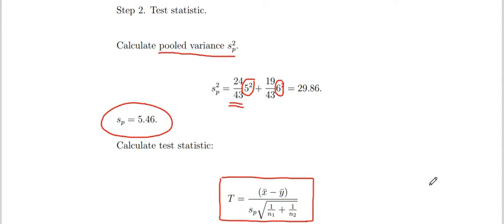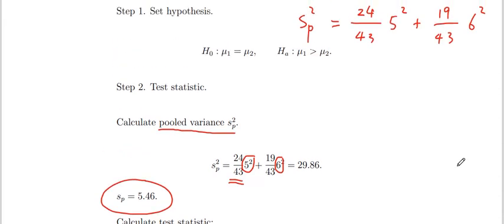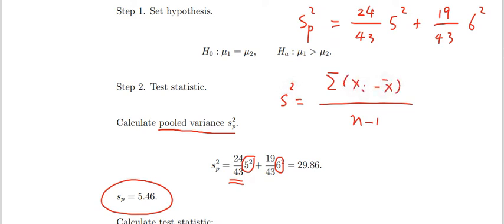Remember, to find the sample variance, we divide by n minus 1, so we say it has n minus 1 degrees of freedom, right? We use the sum of xi minus x bar squared, divided by this denominator, which is the degree of freedom.